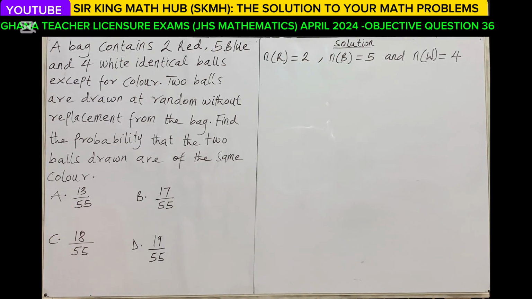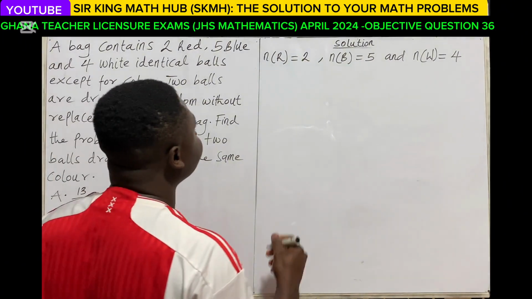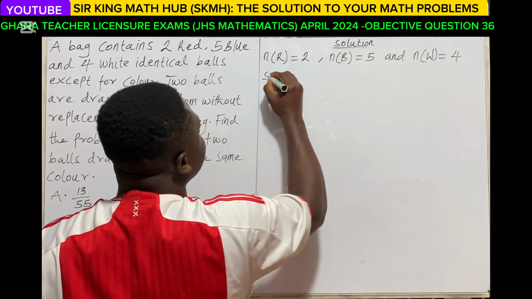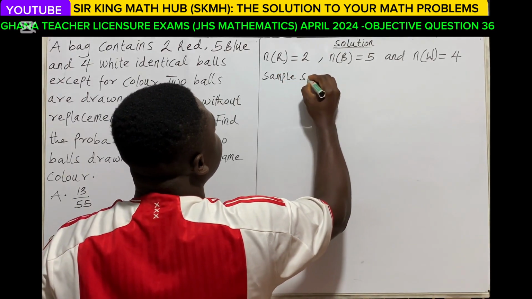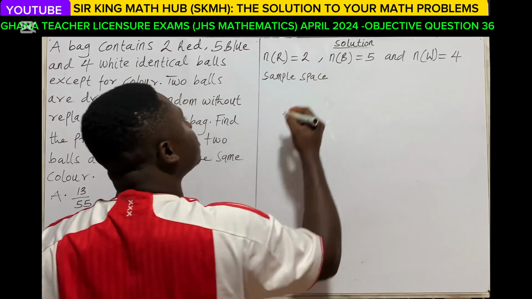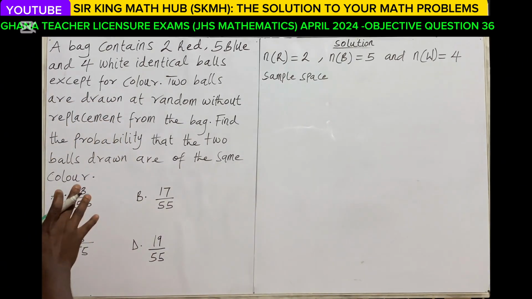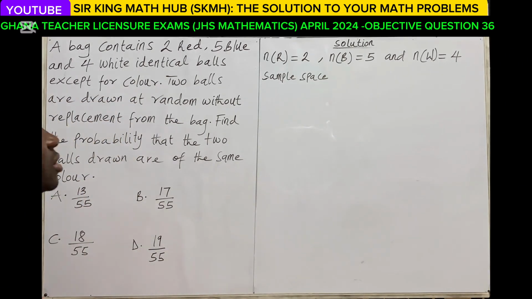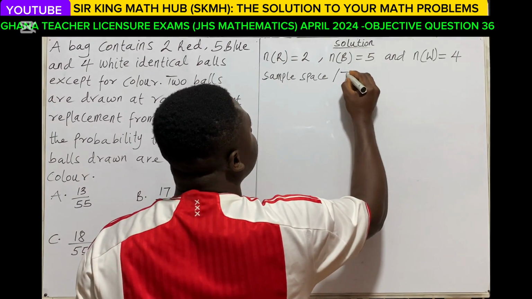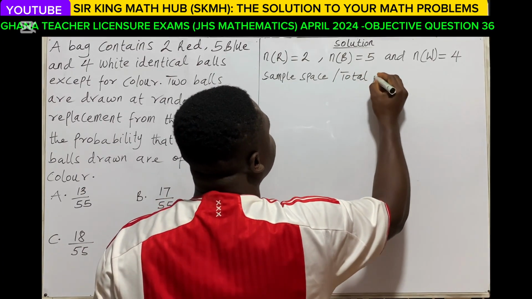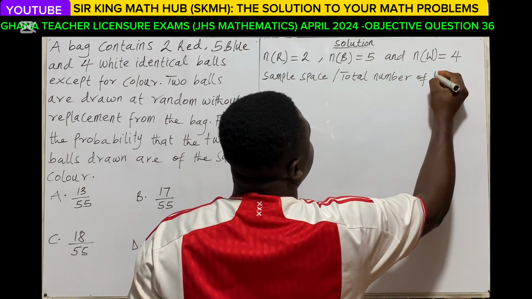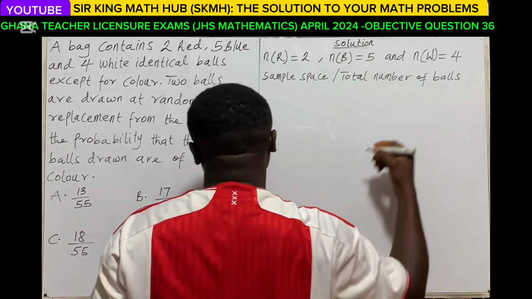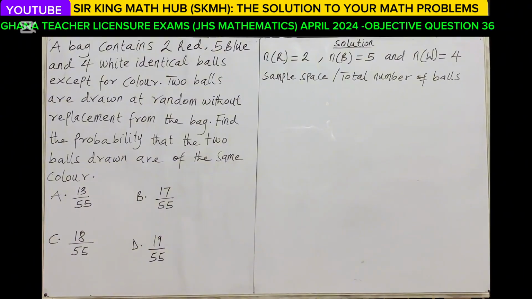So the first thing we need to do is find our sample space. Remember, with reference to this particular question, the sample space refers to the total number of balls in the bag.